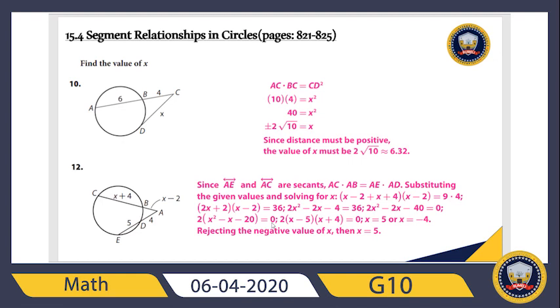Here I can try 5 and minus 4, and I see they are roots, so I'll write my equation as 2 times x minus 5 multiplied by x plus 4. Since I divide by 2, this 2 can go out, so I will have only x minus 5 multiplied by x plus 4 equals 0, and this is for x equals 5 or x equals minus 4.